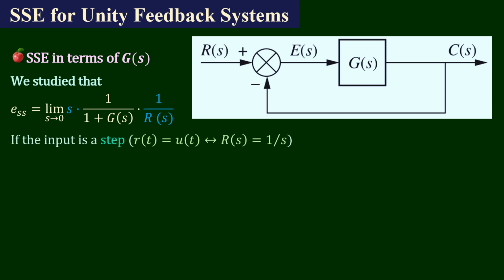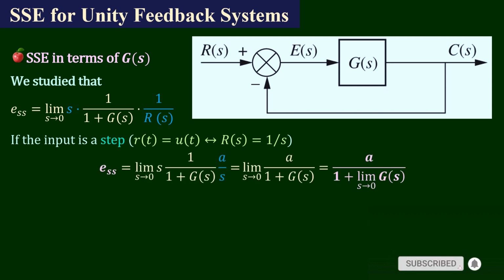If the unit step function is the input to the system, then it is easy to write down the error in this format. And because limit s tends to 0, G of s will be a constant value, therefore there will be a bounded steady state error in the system in this case.